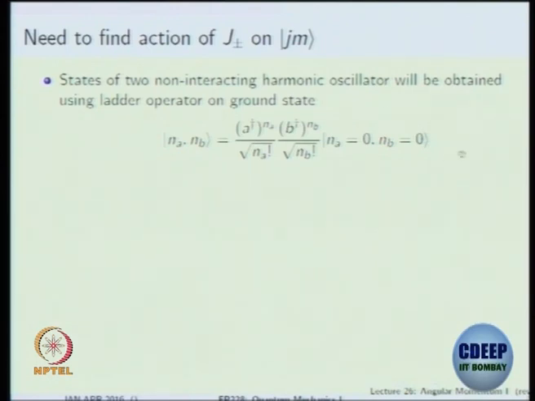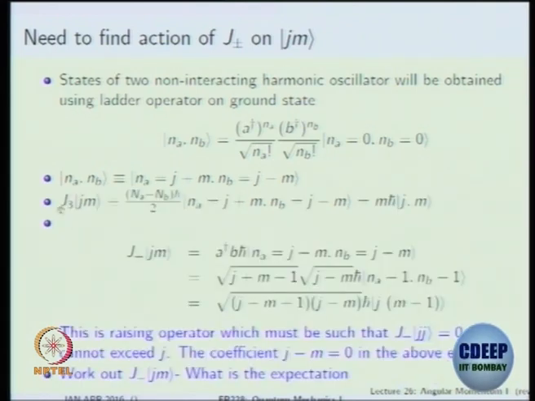So, this is an operator acting on vacuum, which will give you any arbitrary state of two independent harmonic oscillators. Now we are going to use the fact that Na, Nb is nothing but connections with the angular momentum, magnetic quantum number and the J quantum number is this. So, J3 on Jm is M H cross Jm. This is what I derived for you.